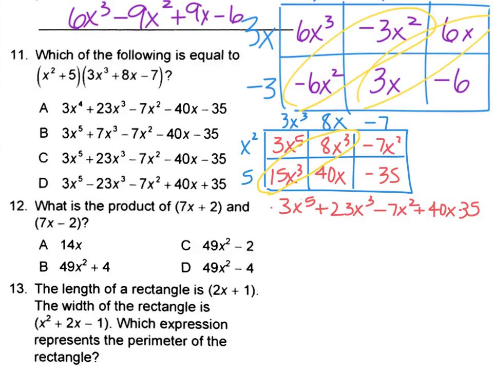So the answer that this is going to match with, let's see, I think it's going to be none of these. It looks like C is maybe the closest answer. The only thing that's wrong on C looks to be the sign on 40, but all of the other signs are correct. So I will just double check and make sure that we don't have any typos like that tomorrow.